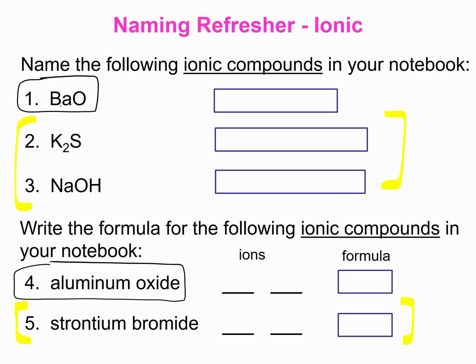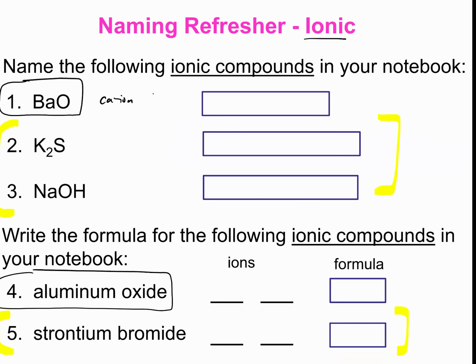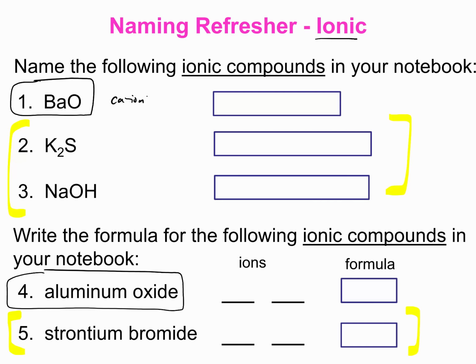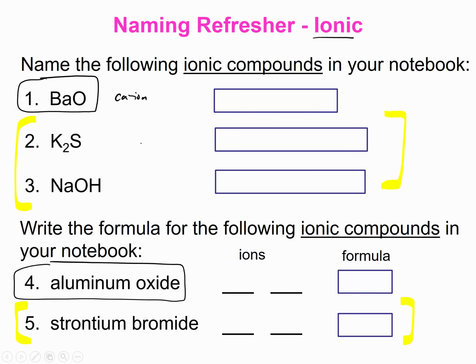Okay, so BaO. Remember, these are ionic. So they consist of cations and anions.